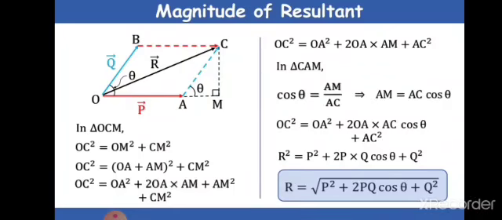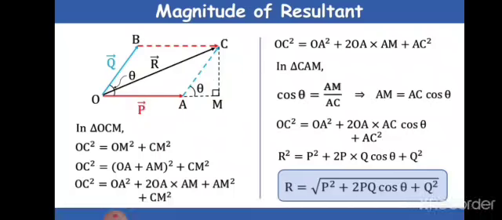Now we substitute OC equal to the resultant vector R, OA equal to P, and AC equal to Q. Therefore R square is equal to P square plus 2PQ cos theta plus Q square. R is equal to the square root of P square plus 2PQ cos theta plus Q square.